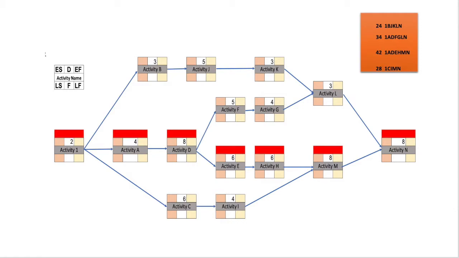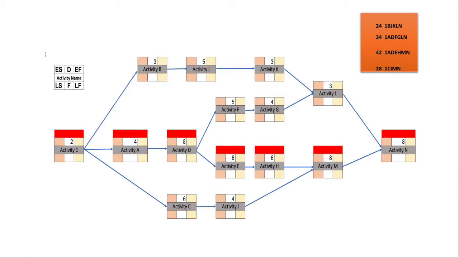The second path is activity 1, A, D, F, G, L and N. The third path is activity 1, A, D, E, H, M and N. And the fourth path is activity 1, C, I, M and N. So we have 4 paths.